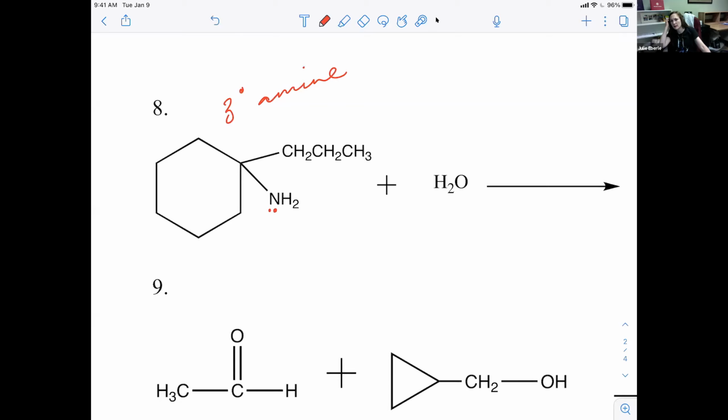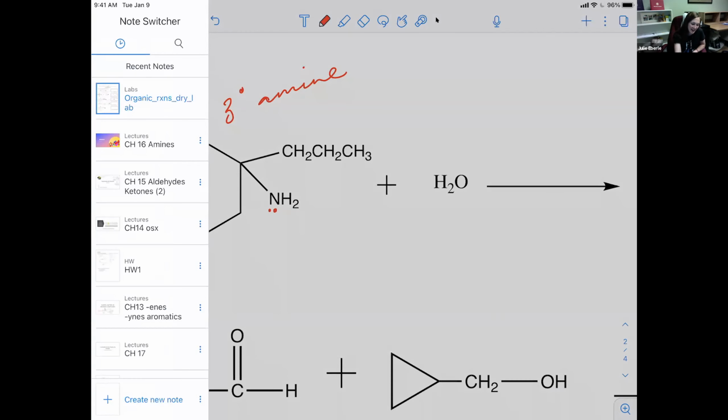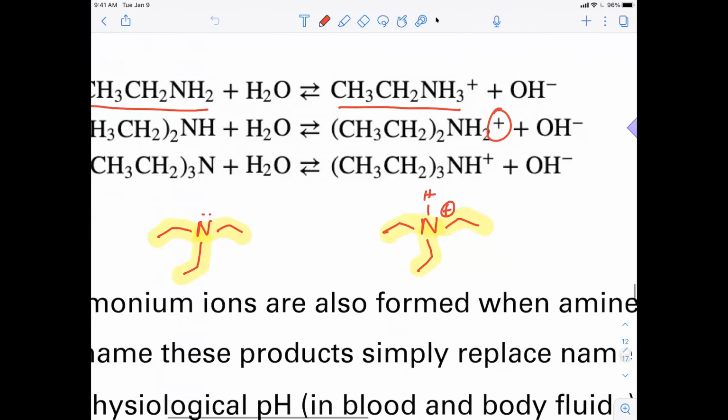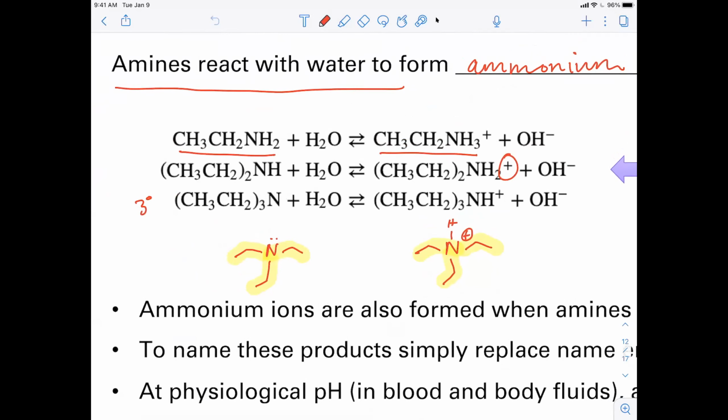So what are you going to bond to this nitrogen? Another hydrogen. Is that right? What did we just look at? What is the difference between these two highlighted structures?